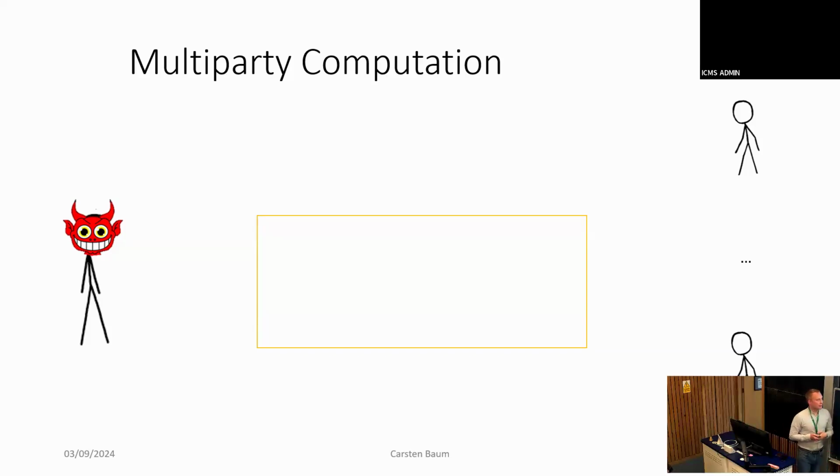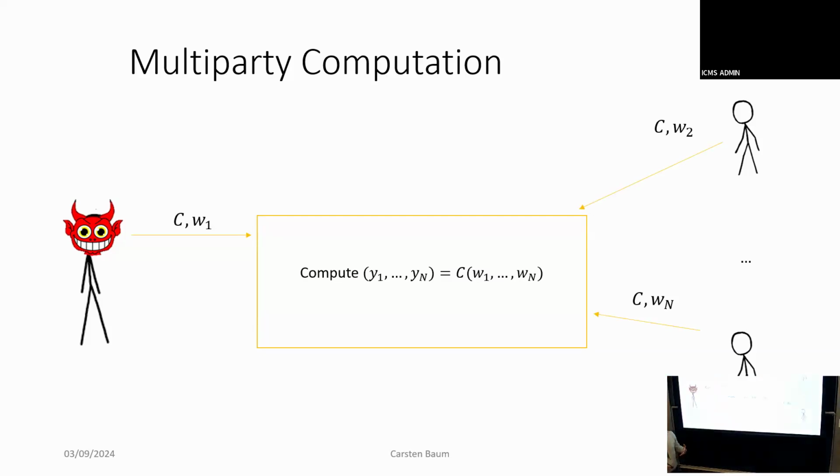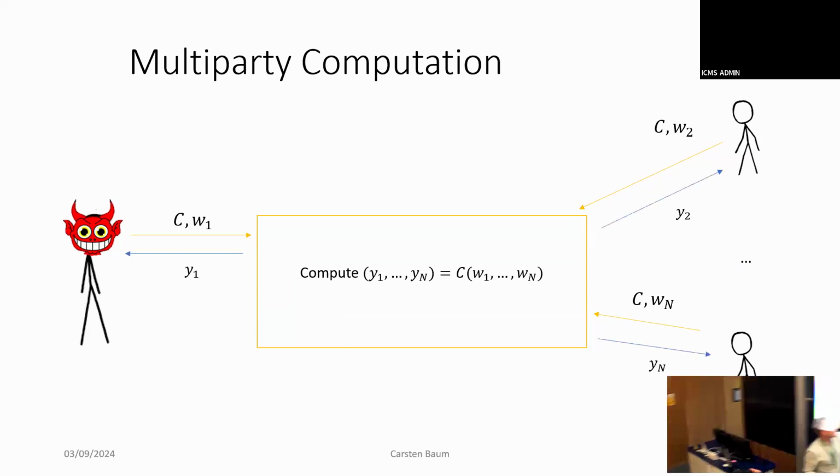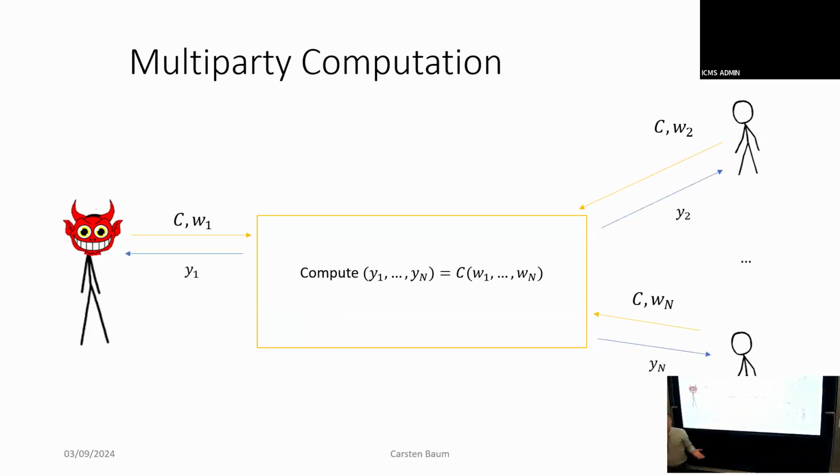Well, what is this? It's a box that does the following. Everybody agrees on the computation that you want to do. And in addition, everybody has a secret input. Now, instead of only computing on Alice's input, there are more parties, and the functionality is going to compute on everybody's input, evaluating the circuit, computing some outputs, and afterwards, after it's done, giving the outputs to everybody.